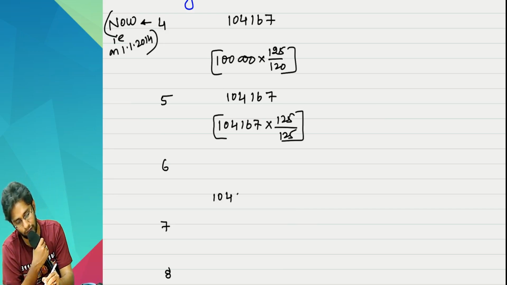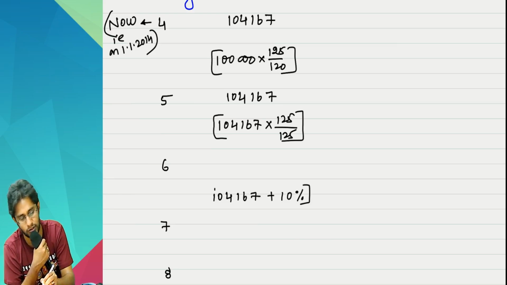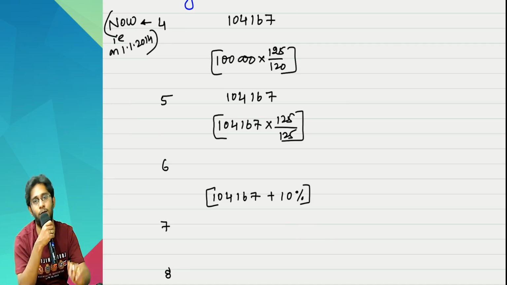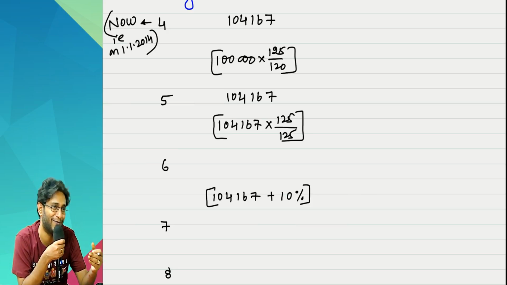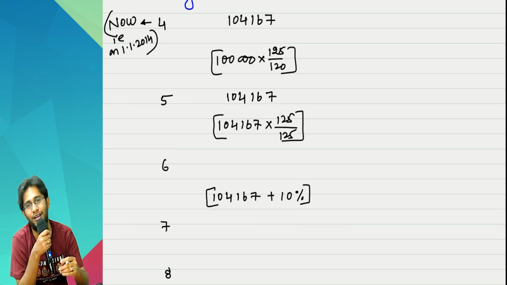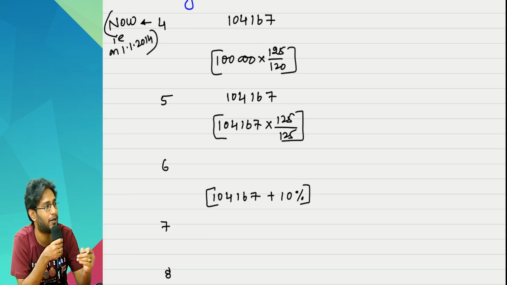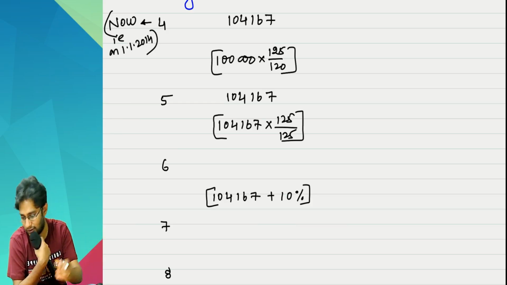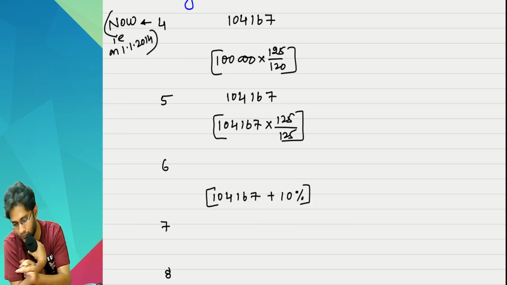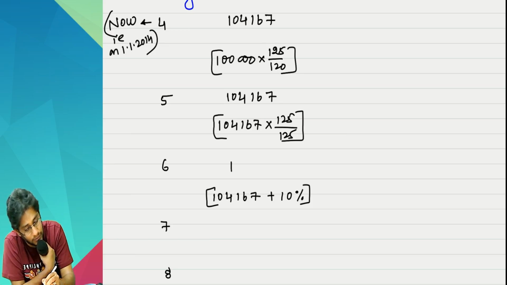So 104,167 plus 10%. This 10% is nowhere explicitly visible in the question, but you have to understand that fellow's heart. From 1 lakh in the non-cancellable period, in the extendable period he increased it by 10,000 rupees, meaning he is updating it by 10%. You want 10% more rent in the extended period. Pay 104,167, add it. 114,000.